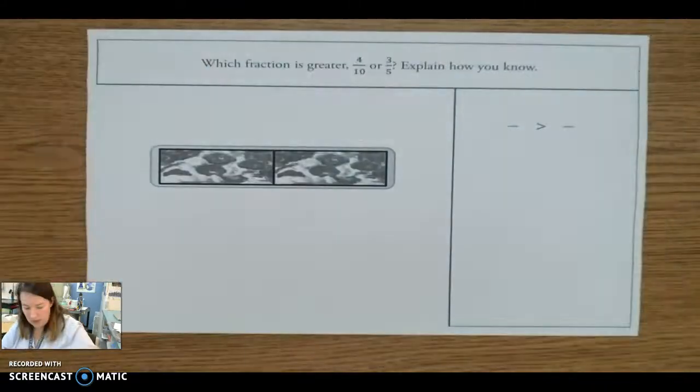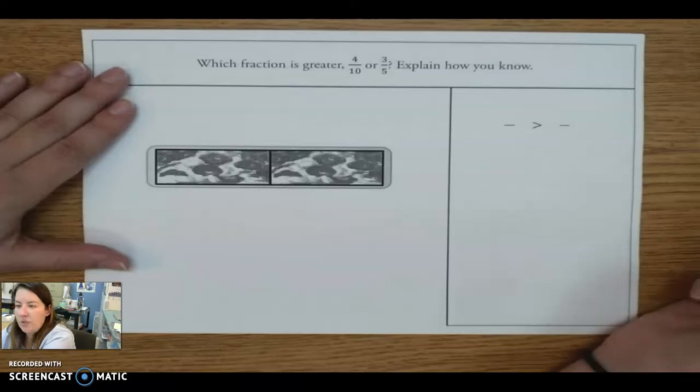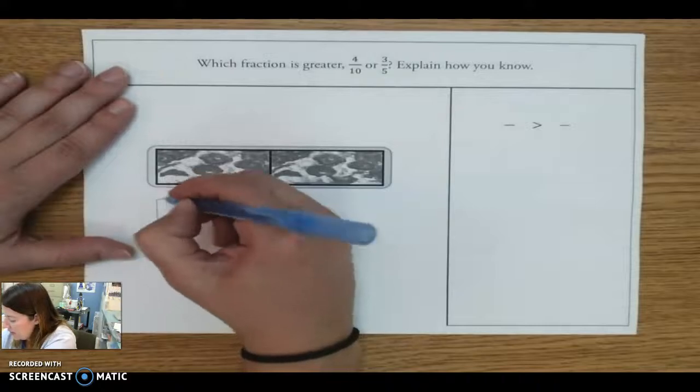Let's try a couple more. Which fraction is greater, 4/10 or 3/5? Explain how you know. We just did the 4/10 one.